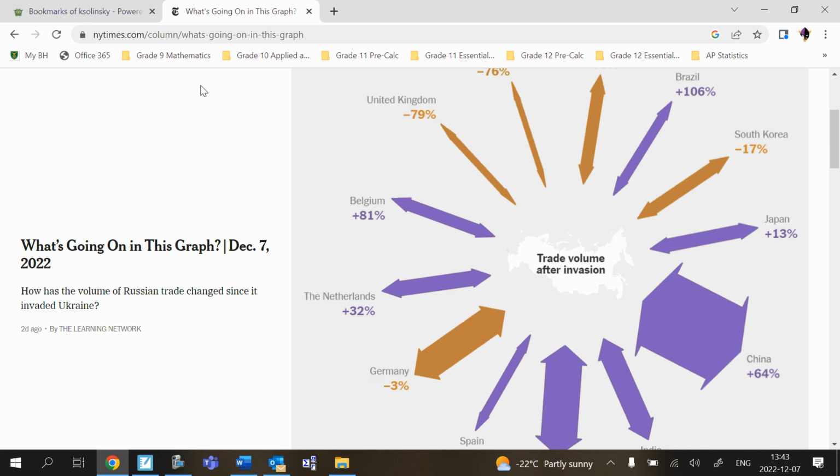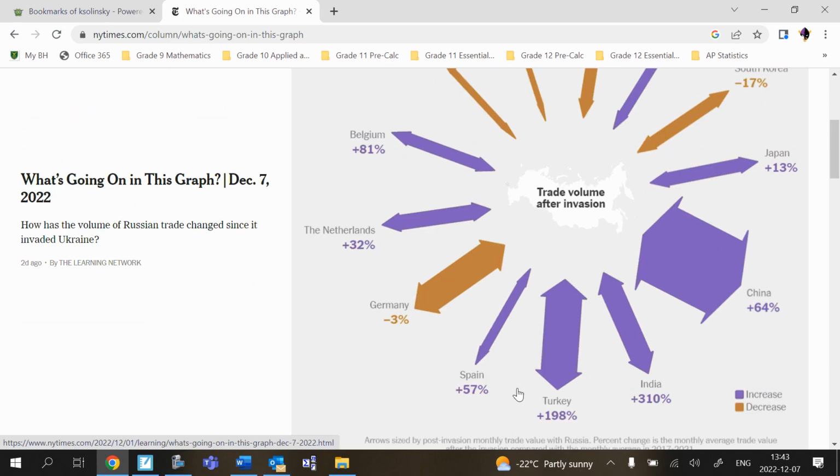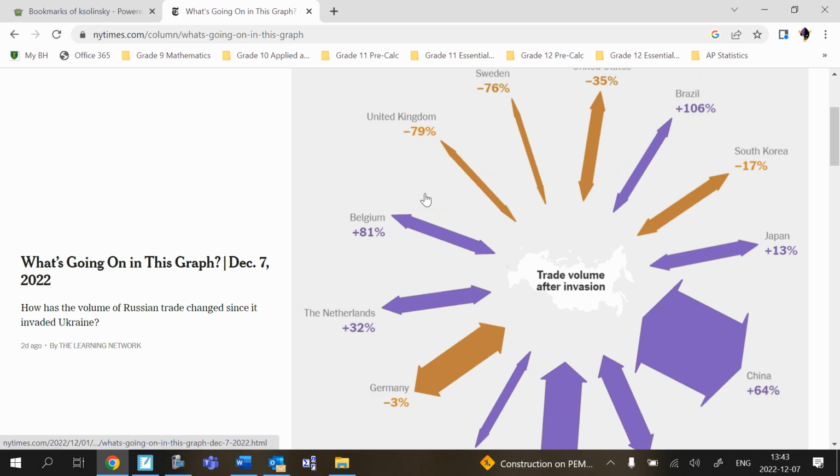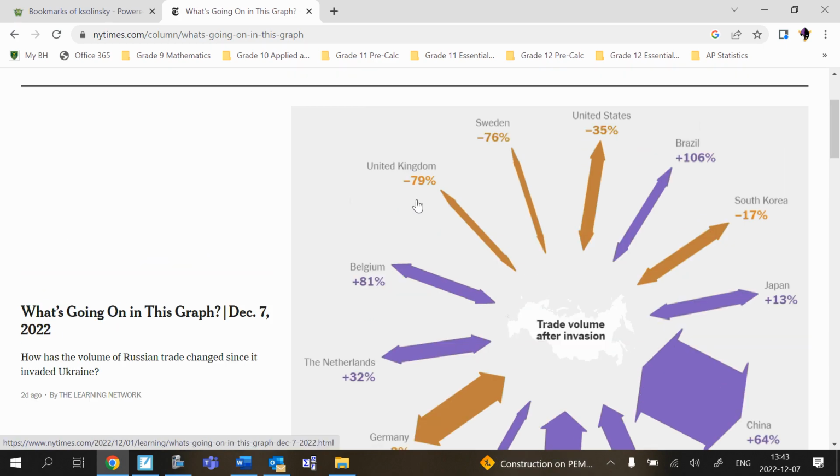That the trade volume went up, whereas other countries like South Korea, UK, United States, Sweden, what we would consider democratic countries, went down. Okay. Although, I mean, there are some purple ones like Belgium and the Netherlands are democratic countries, so is Spain, but they actually went up.